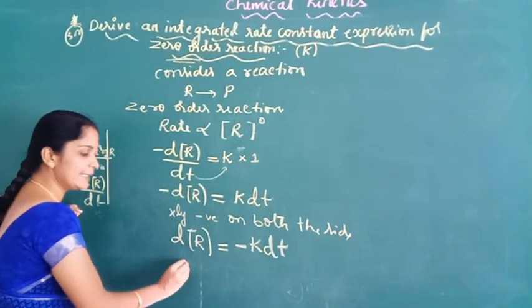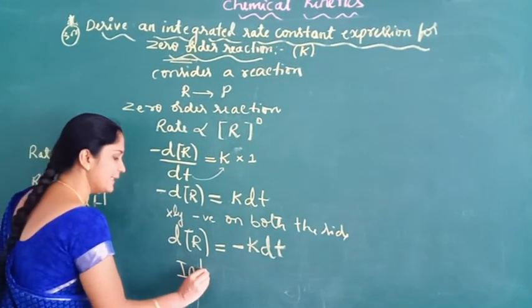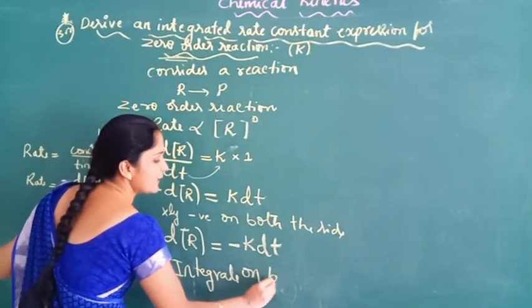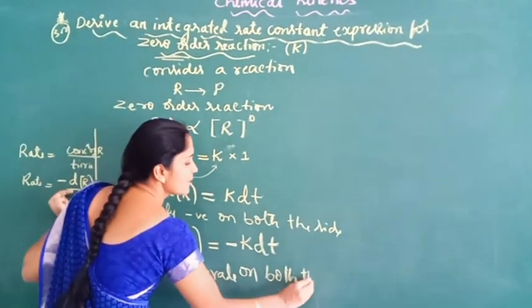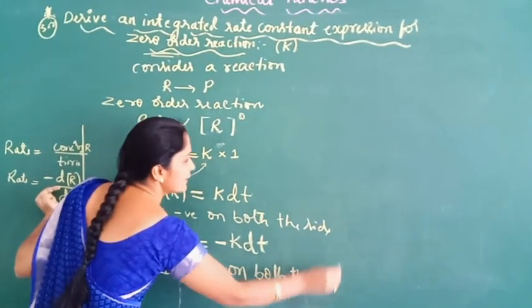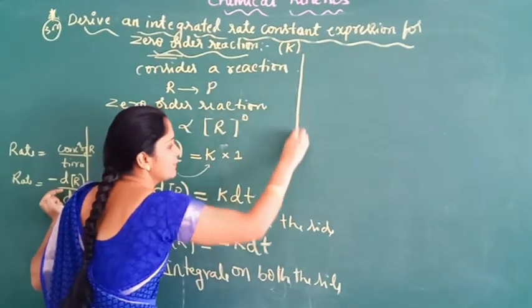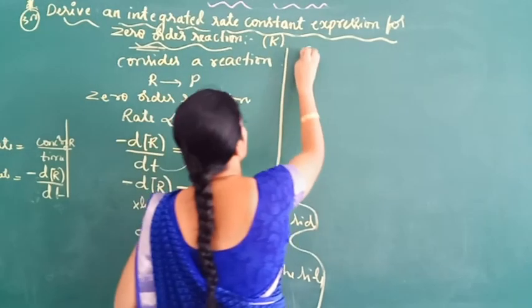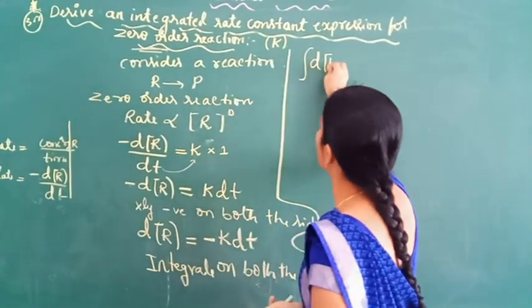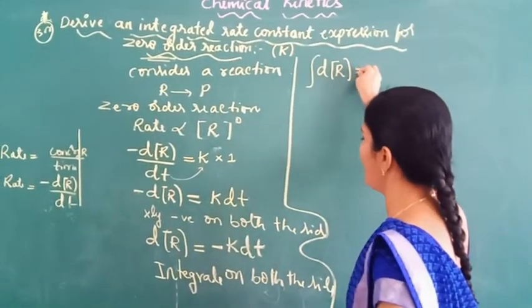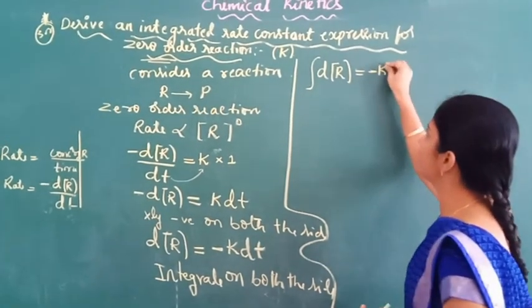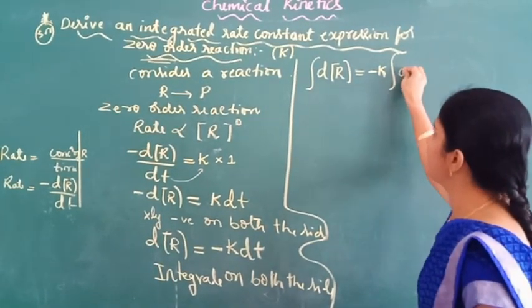Now integrate on both sides. So integration of dR equals minus k, here k is constant, therefore minus k, integration of dt.